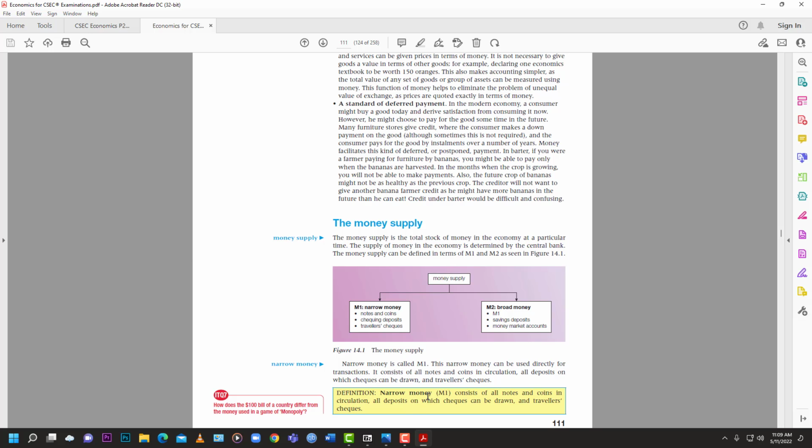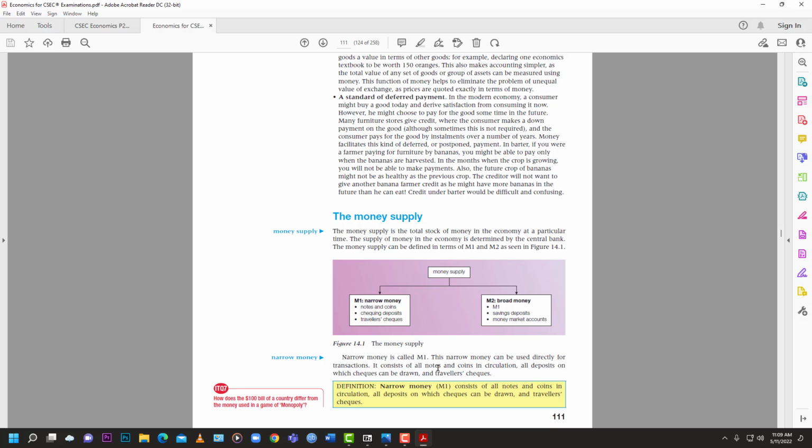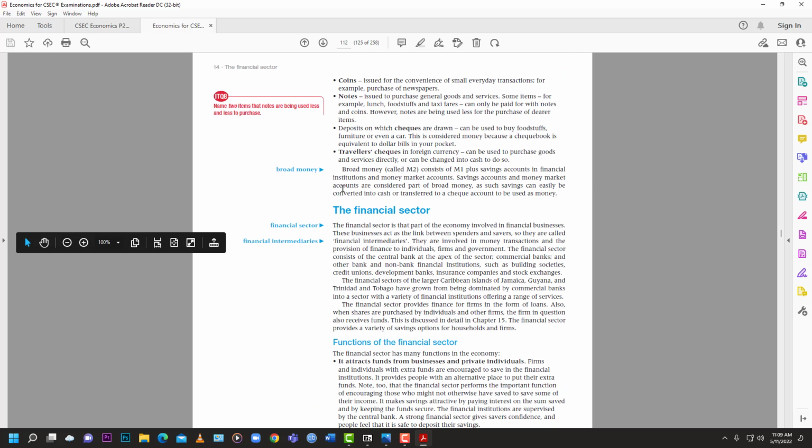So that's M1. What is M2? Broad money. M2 consists of M1 plus savings accounts in the financial institutions, and money market accounts. So that's broad money, or M2, right?